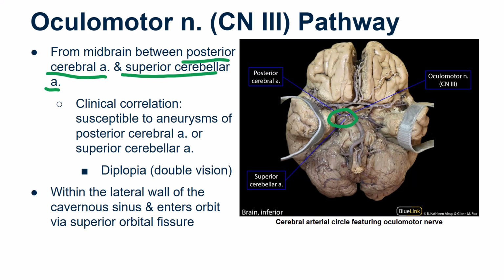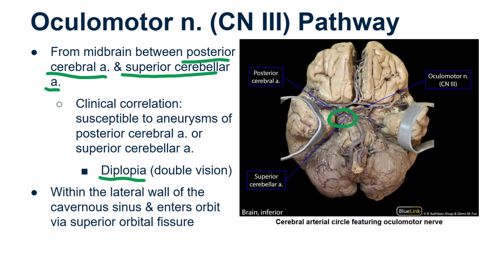If this should occur, one of the earlier symptoms is going to be diplopia, or double vision, because it's going to affect the oculomotor nerve's ability on one side of controlling the extraocular muscles.